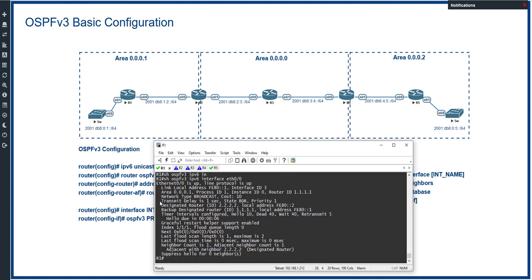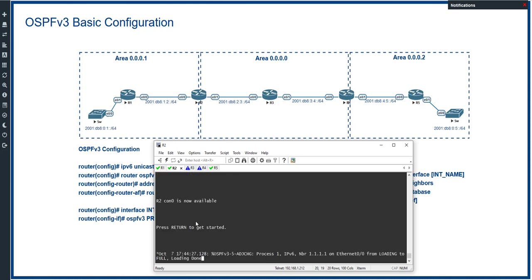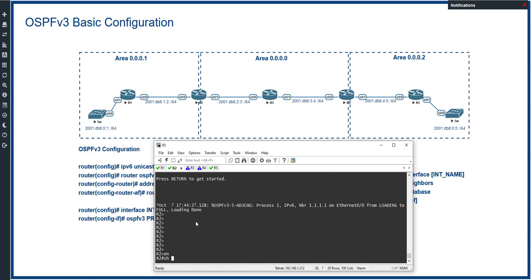As you can see, ETH00 is an Ethernet interface, and by default on the Ethernet interface we are using the network type of broadcast. This means that on this interface we will have DR and BDR, and other concepts are the same as OSPF version 2. Also in router 2, we have the same network type.